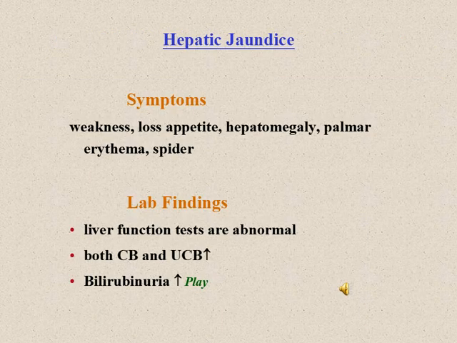Hepatic jaundice symptoms: weakness, loss of appetite, hepatomegaly, palmar erythema, and spider naevi. Hepatomegaly means an enlarged liver. Then lab findings: liver function tests are abnormal. What are the liver function tests?